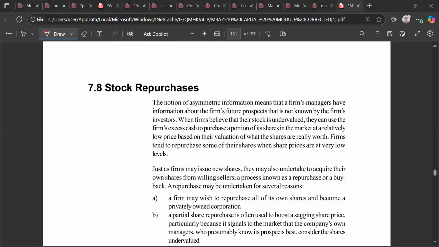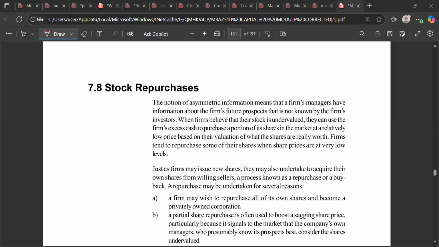The reason behind a repurchase is, first, that you're trying to signal undervaluation, which comes back to the asymmetric information theory. Second, you're trying to boost your EPS, your earnings per share, and your share price. Third, you're trying to distribute excess cash tax efficiently.